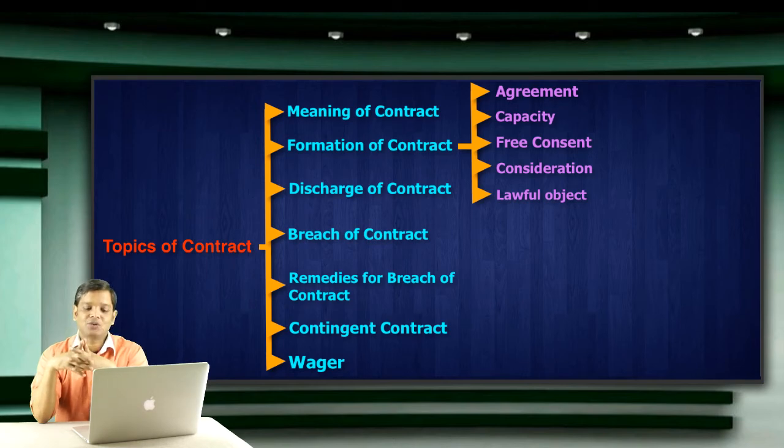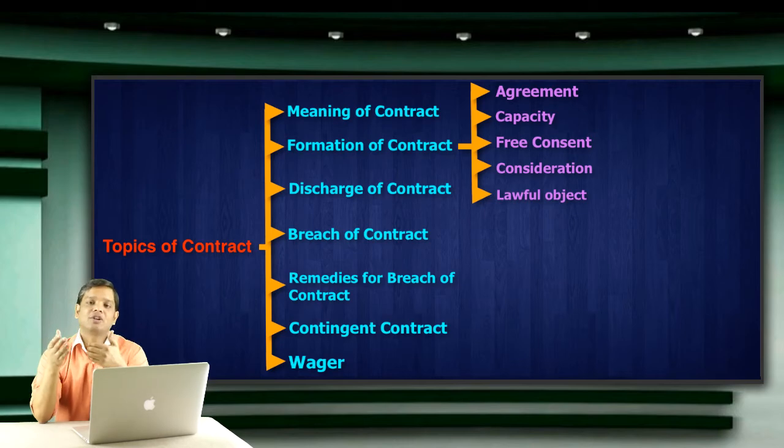Okay. The last one is lawful object. What does it mean? That we have discussed in detail. So lawful object is something that is permitted under the law to trade. It means if something like drugs, arms, weapons, those are objects that we cannot trade.